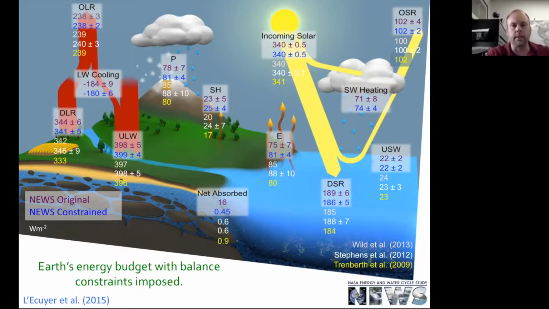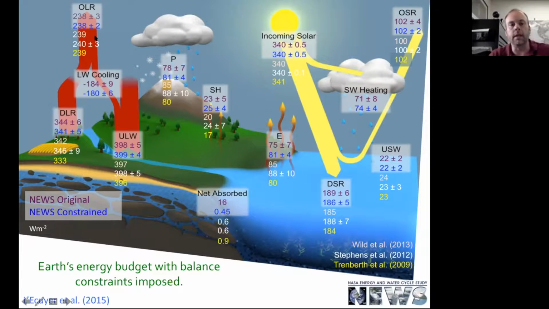Pooling together this expertise over several years, we were able to develop the best estimate of the radiation and turbulent heat flux estimates from available satellite and satellite-integrating data sets, and more importantly, error bars on how accurately we think each of these fluxes is currently constrained using satellite observations.